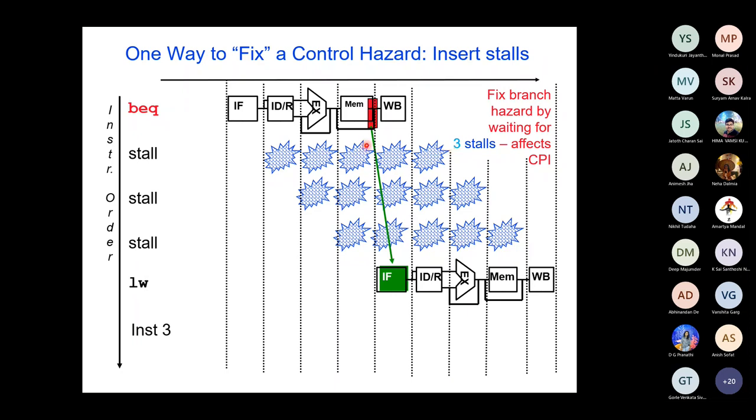The other possibility is you let the next instruction enter into the pipeline, and when the outcome is known, if your assumption is correct, then you continue as before. Otherwise, you flush whatever instruction has entered during the 3 clock cycles. So this is one way of fixing the hazard.